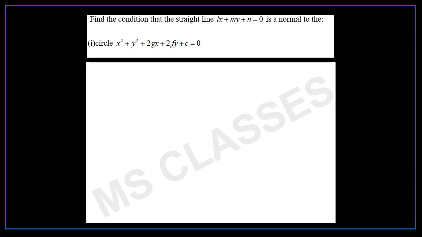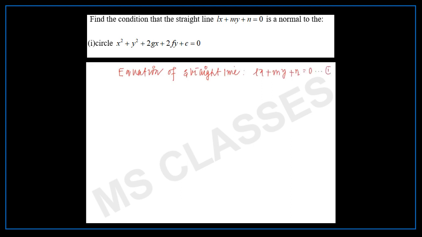So here we take the equation of a straight line, which will be the normal line to the circle, Lx + my + n = 0, which we mark as equation 1.